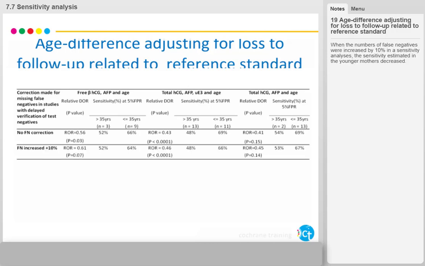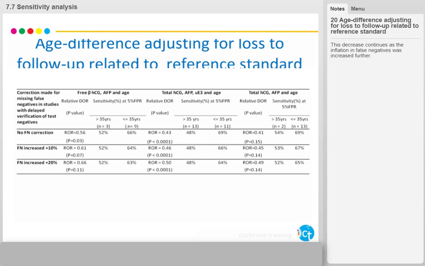When the numbers of false negatives were increased by 10% in a sensitivity analysis, the test sensitivity in the younger mothers decreased. This decrease continues as the inflation in false negatives was increased further.